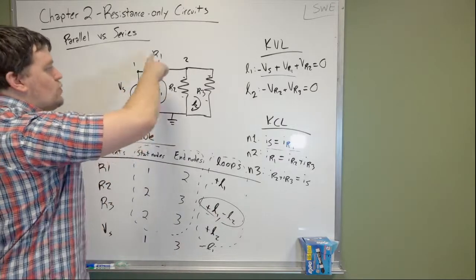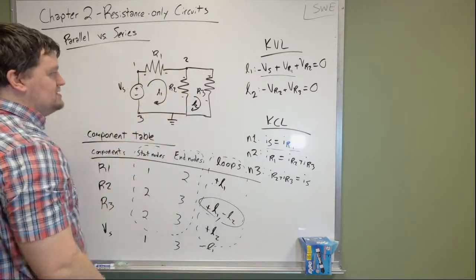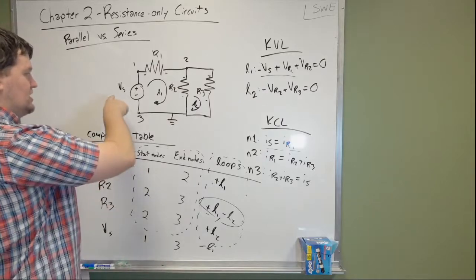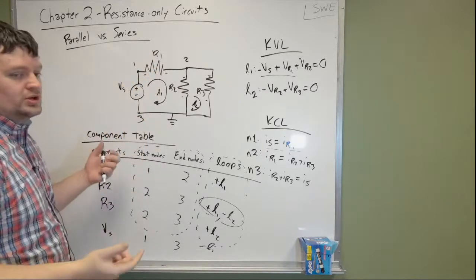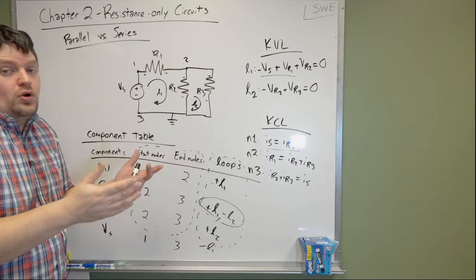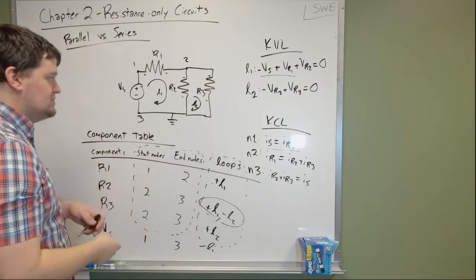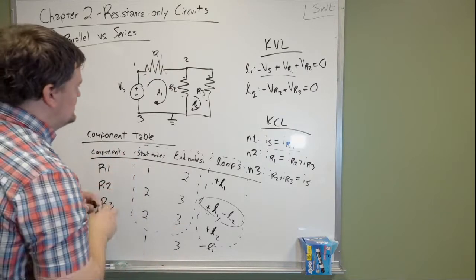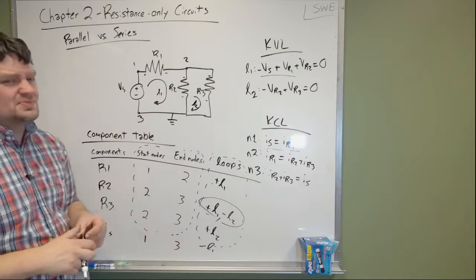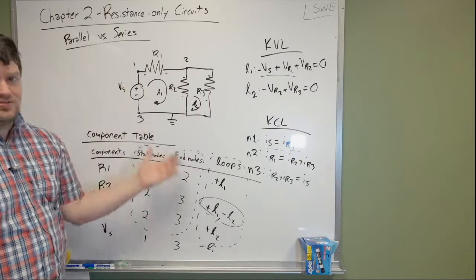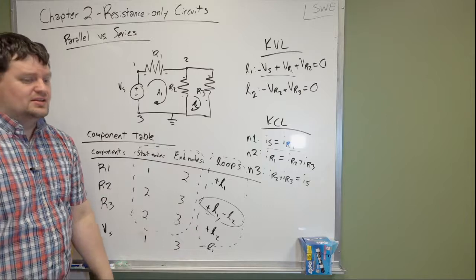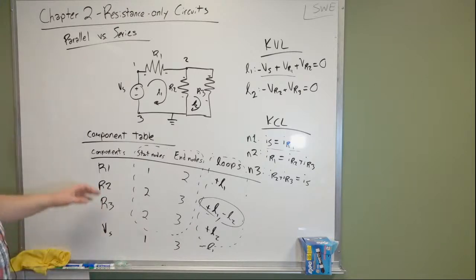Here, there is no way to draw any of the loops in this system without including both Vs and R1, or neither of them, okay? So that's a sign that they're in series, is that they basically come as a package. If they're in a loop, they're together. In a series relationship, it kind of has to be that way.